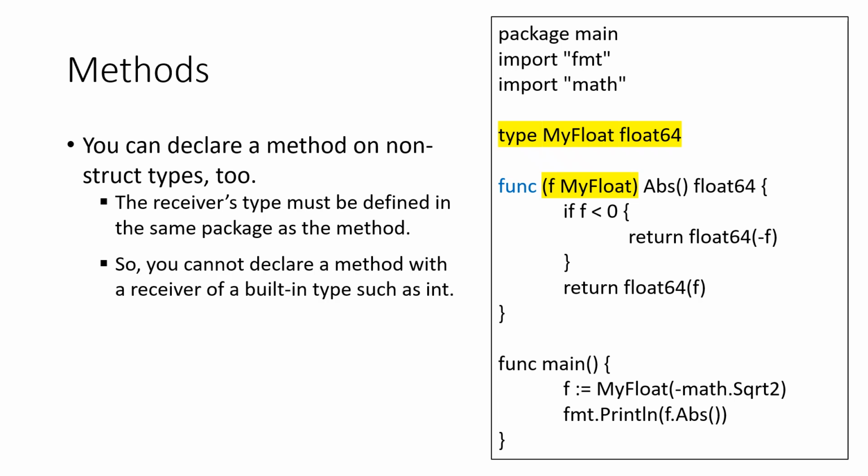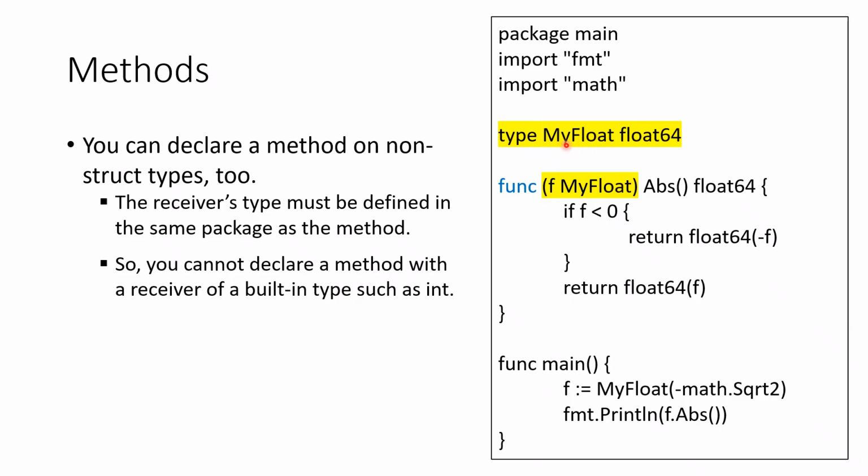So that means that you cannot declare a method with a receiver of a built-in type such as int or float64. But we can get around this restriction by defining a new type that is the same as a built-in type such as float64, and we define that in the same package where the method on the new type will be defined.